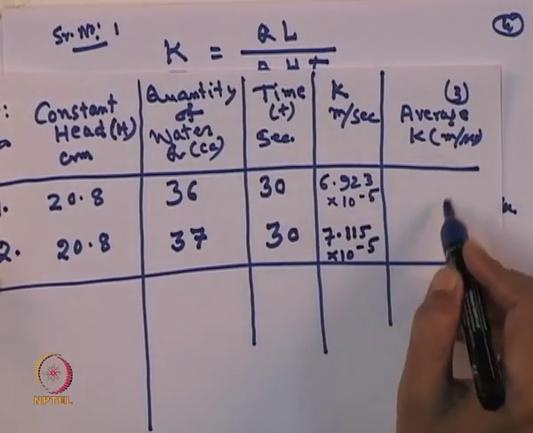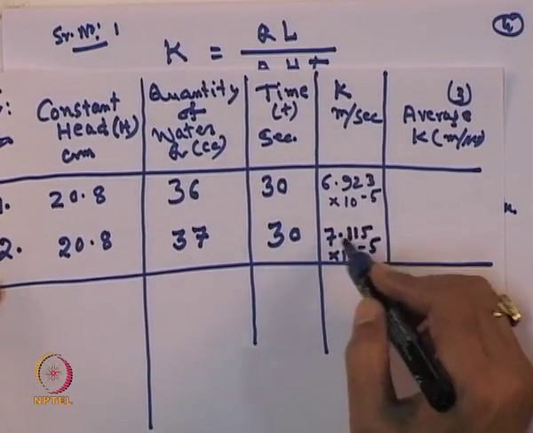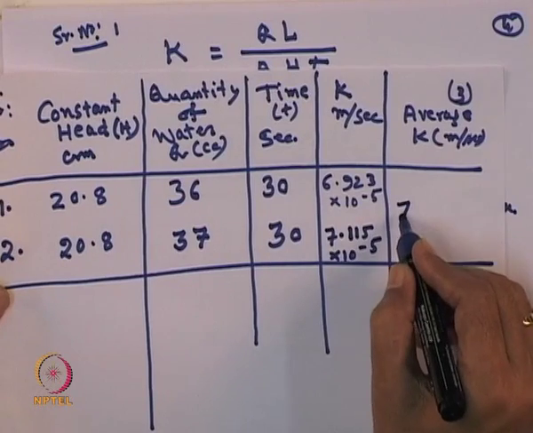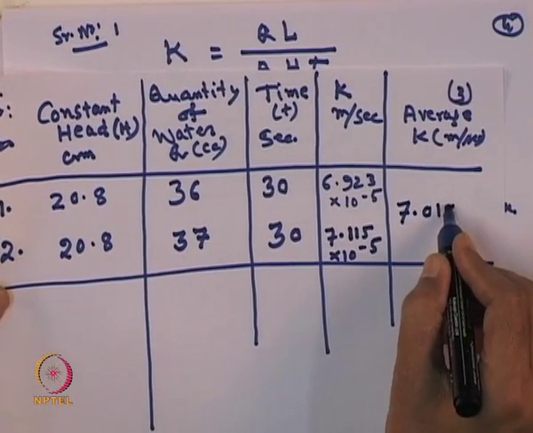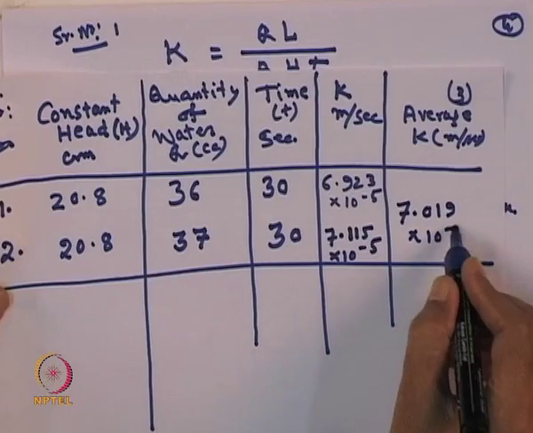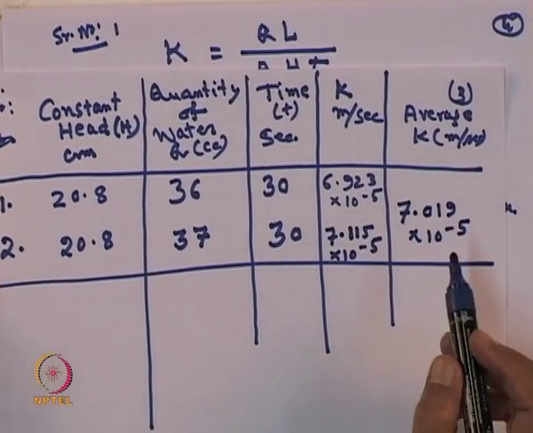Now you take the average value of these two tests. So you have the average value 7.019 into 10 to the power minus 5 meter per second.